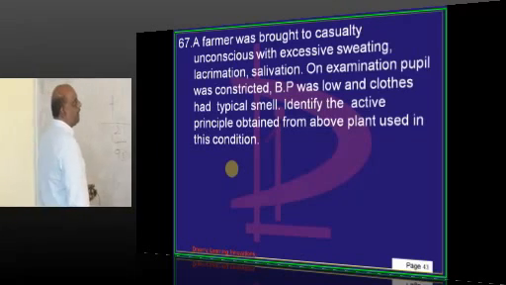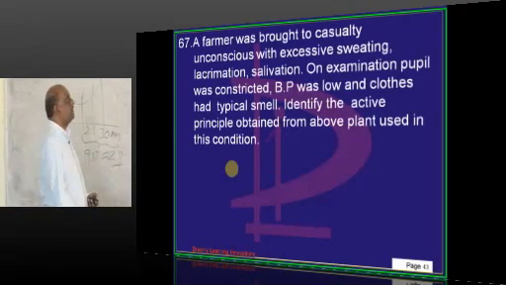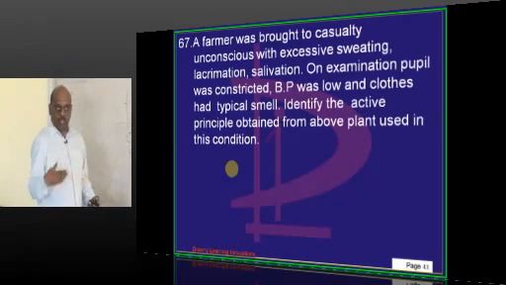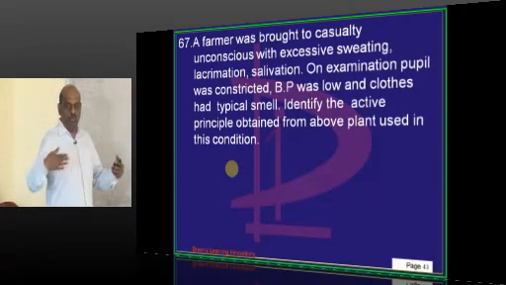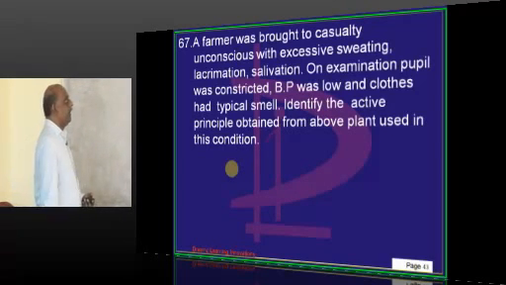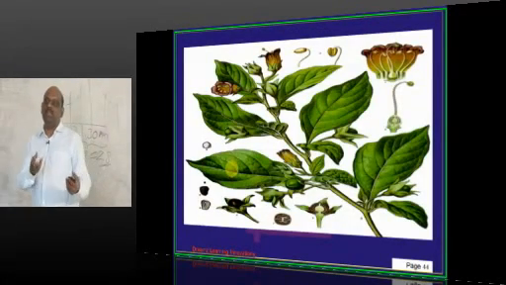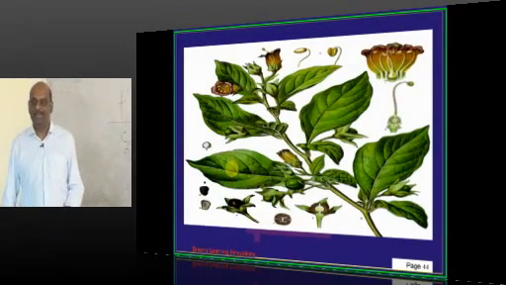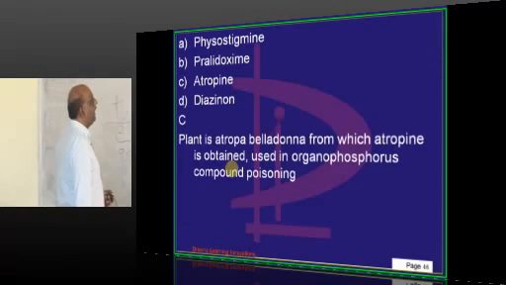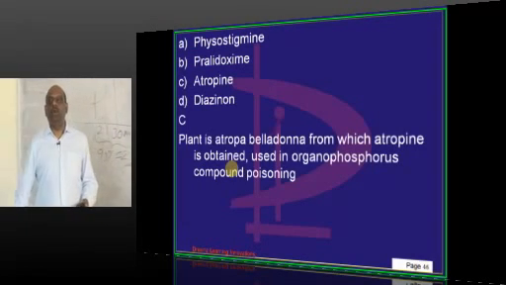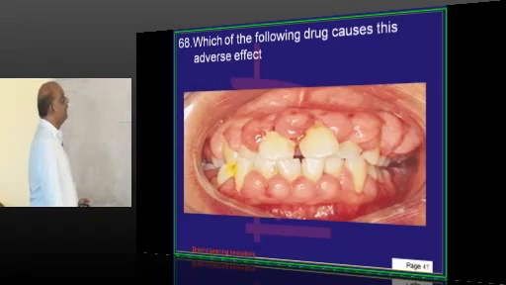A farmer is brought to casualty unconscious with excessive sweating, lacrimation, salivation, constricted pupils, all excessive cholinergic activity. So what is the antidote? One of these plant extracts is used, atropine, and what you are seeing is Atropa belladonna, is what you need to remember.